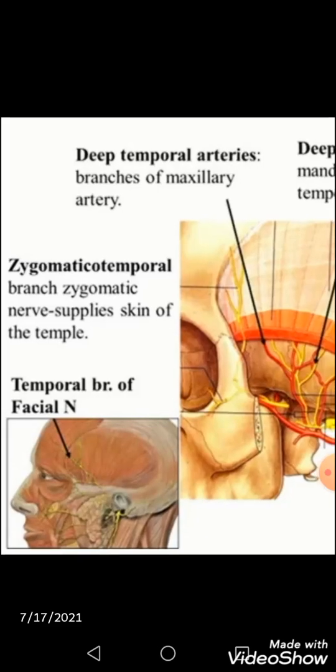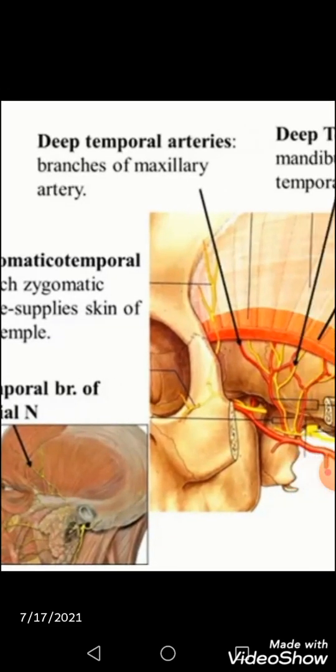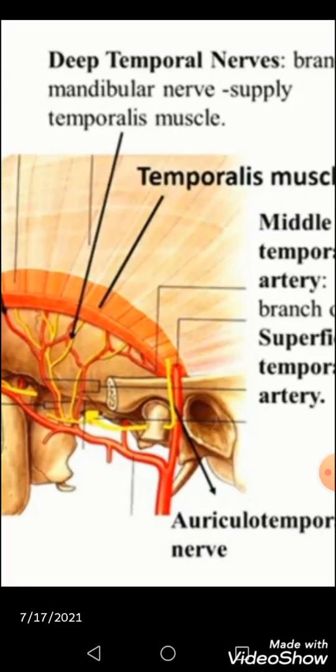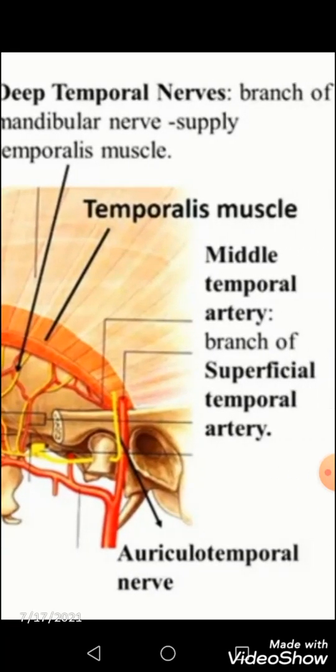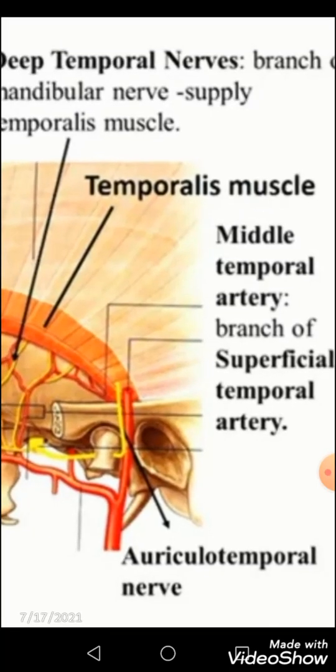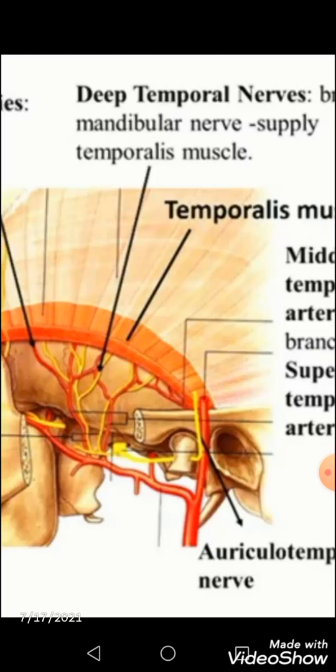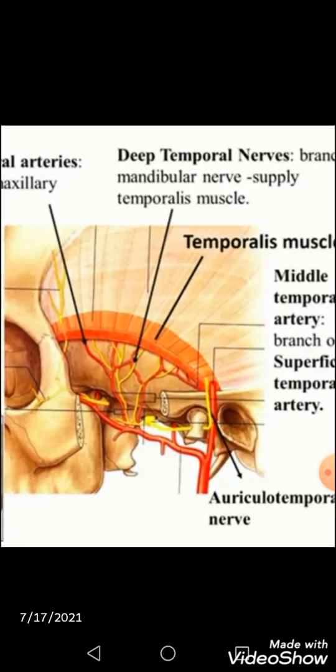Now you can see the temporal branch of the facial nerve lies also there. Then the auriculotemporal nerve is also a content. Now you can see the middle temporal artery, a branch of the superficial temporal artery, coming from the external carotid artery. These are the contents you observe in the temporal fossa.